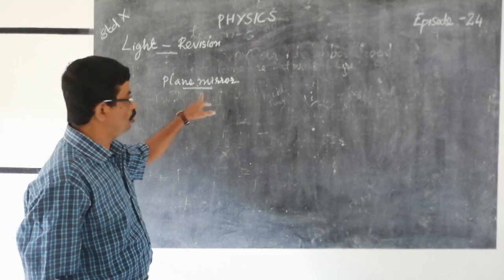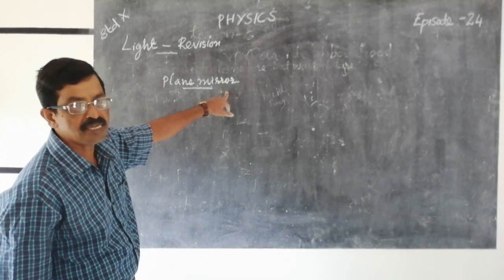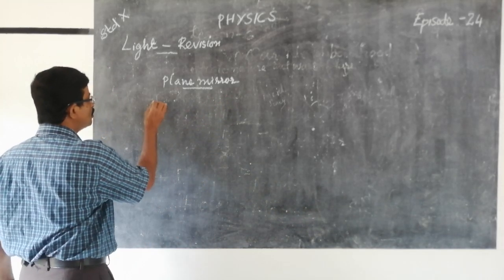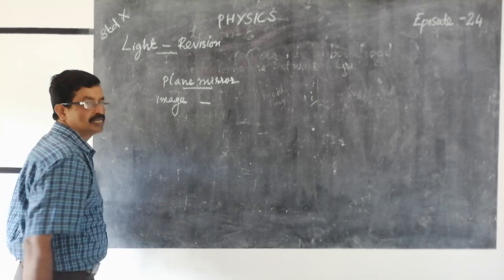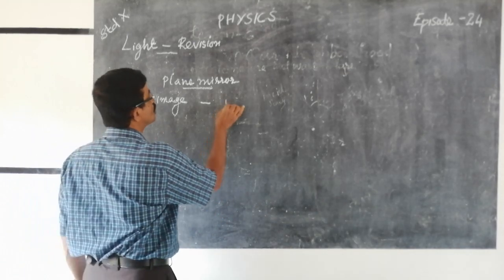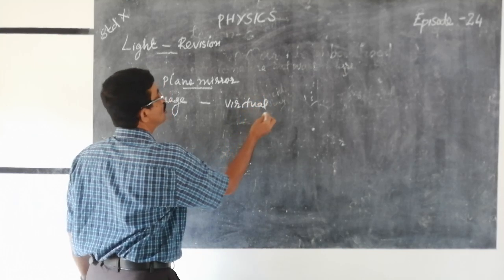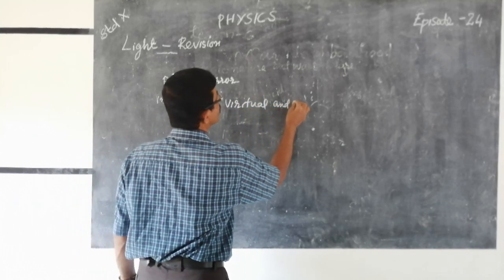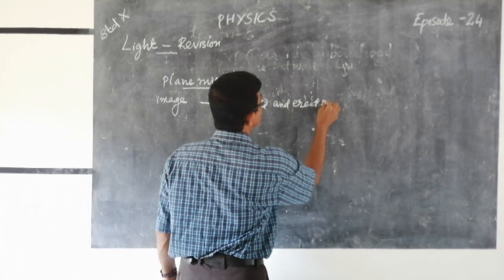Which are the properties of the image formed by a plane mirror? A plane mirror always forms a virtual and erect image.